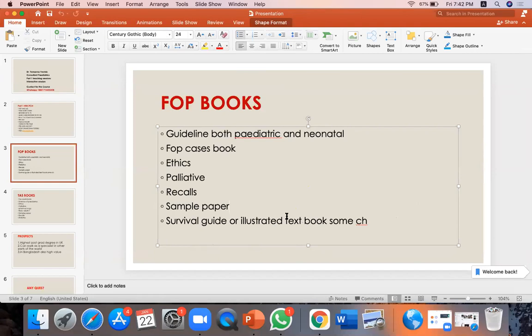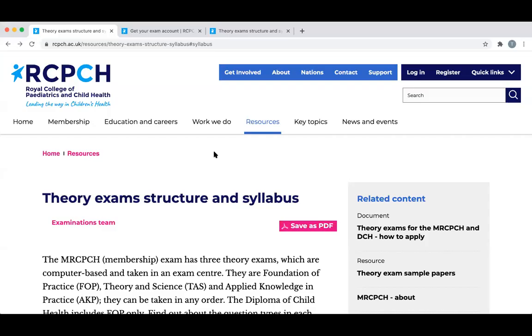Okay, so these are the FOP cases MOOC. Now you can ask if you have any question, and I want to go directly to the web page. This is the RCPCH web page. This web page has the syllabus. You can see the screen: theory, exam structure, and syllabus.